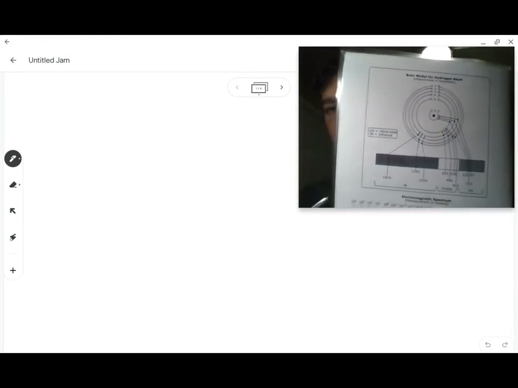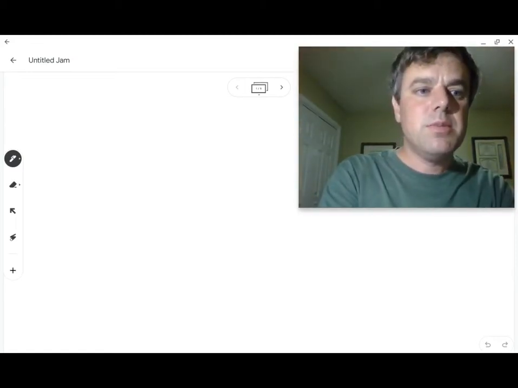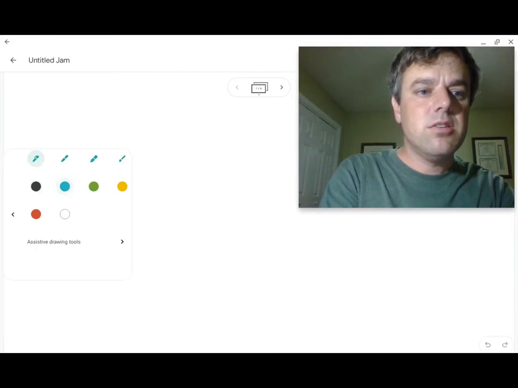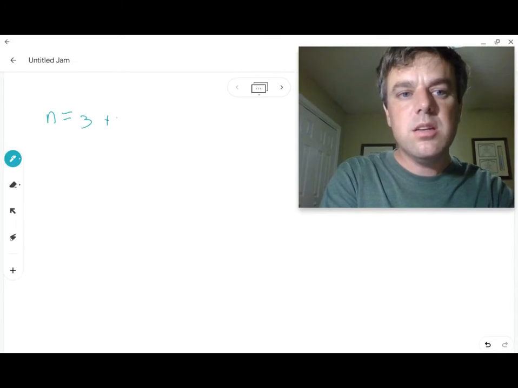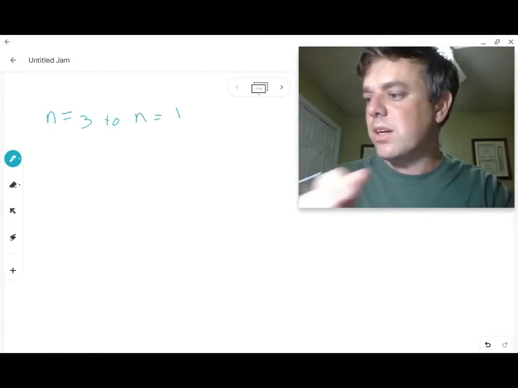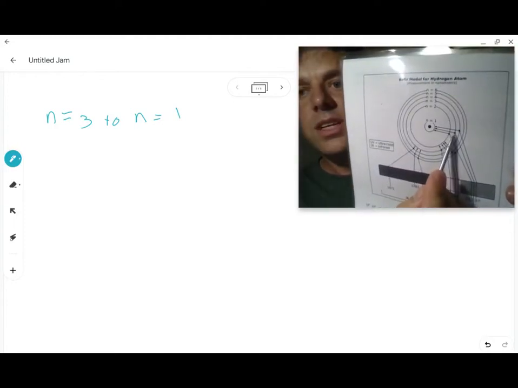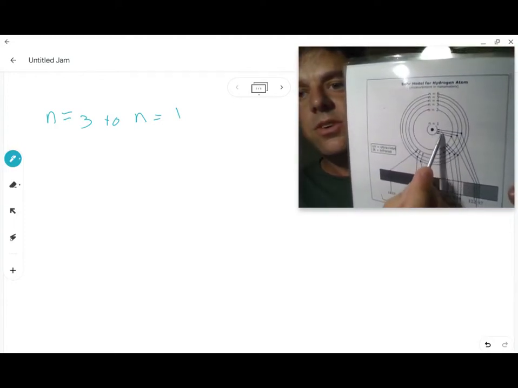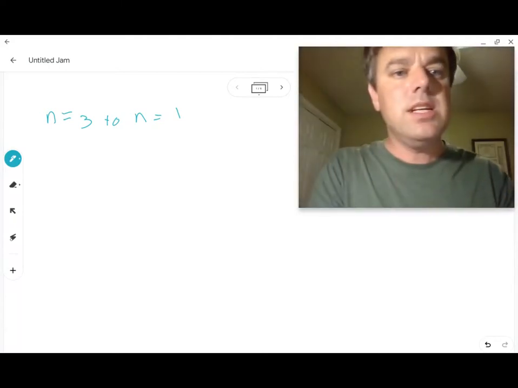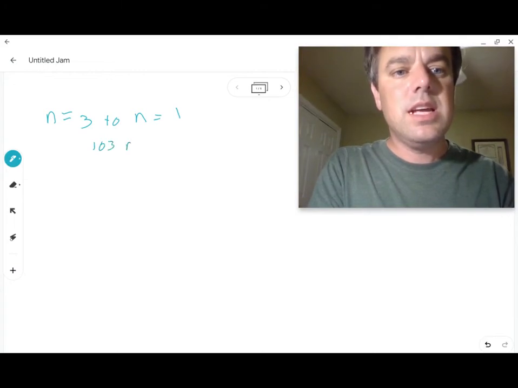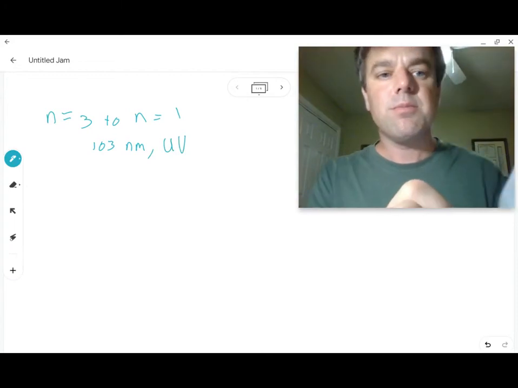So for instance, if an electron in the hydrogen atom makes a transition from n equals 3 to n equals 1, that would be this transition right here, going from the third energy level to the first energy level. You can see that that emits a wavelength of 103 nanometers, which is ultraviolet radiation.